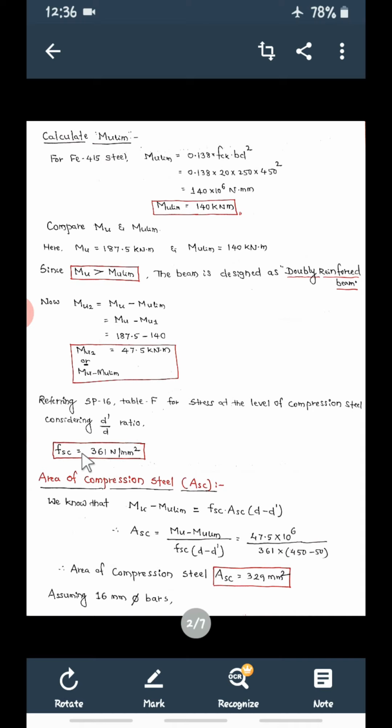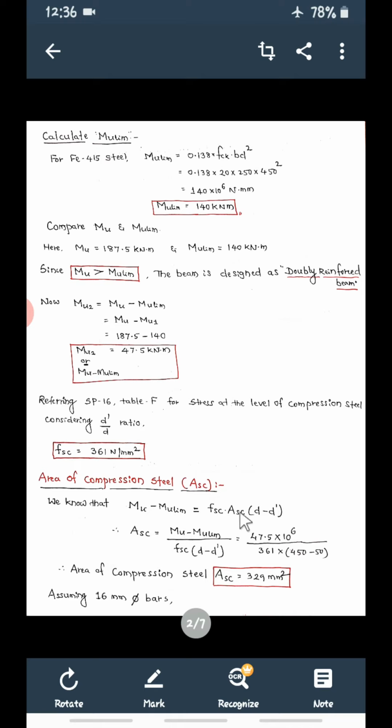So once you get FSC, then calculate ASC, that is area of compression steel, which will be provided at the top. So we know that total Mu minus Mu limit, or Mu minus Mu1, is Mu2. This whole term is Mu2.